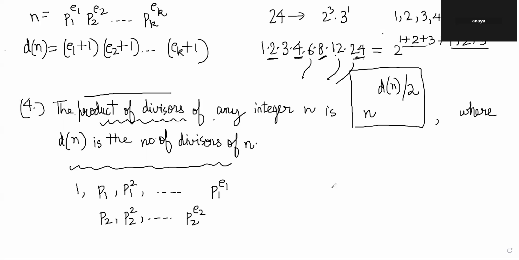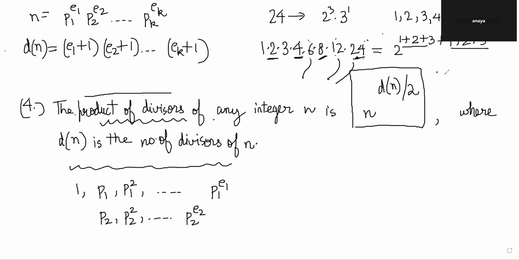If you just calculate the highest power of 2 that divides 24, you should have gotten 2 power 3. But you are getting more powers of 2 because 6, 12, 24 also have 2 and 4 and 8.